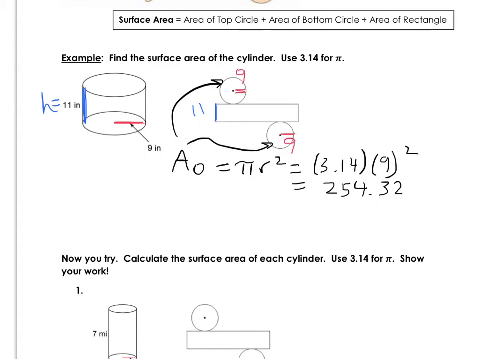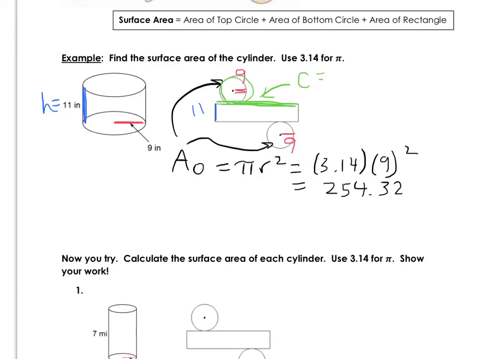Okay, next the rectangle. This one's a little bit more challenging, but we can do it. So if you'll notice, to find the area of the rectangle, we need to know the two dimensions. I need to know not only the height of that rectangle, but also the base or the length of the rectangle. So to find that measurement, again, that is the circumference of the base, the circle.